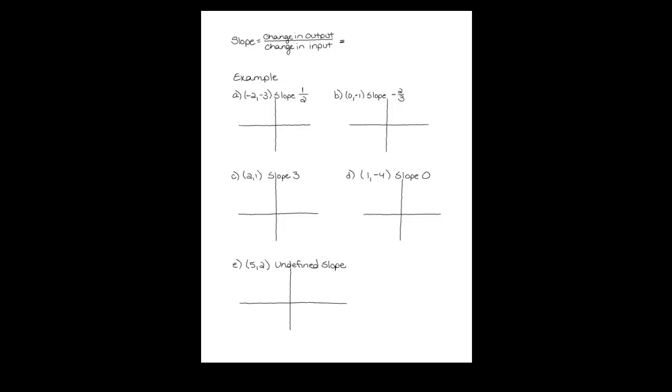The slope is the change in the output variable divided by the change in the input variable. Now with regard to the graph, remember that the output is always plotted on the vertical axis, the y-axis. So a change in the output can be thought of as a vertical displacement.